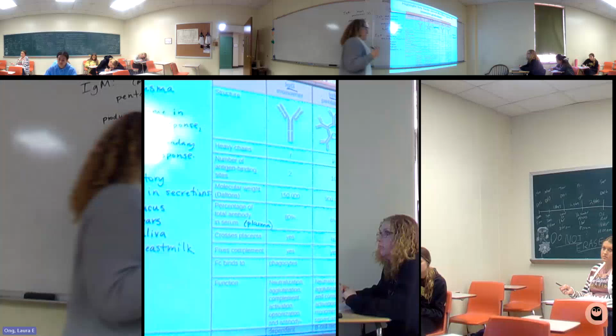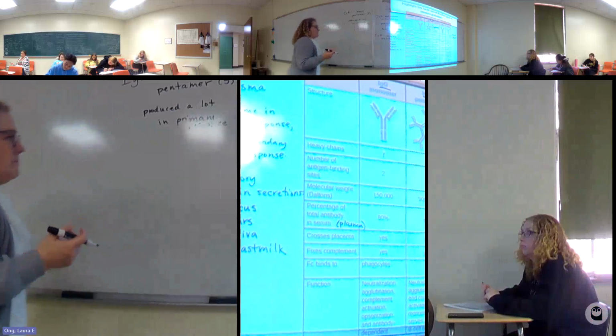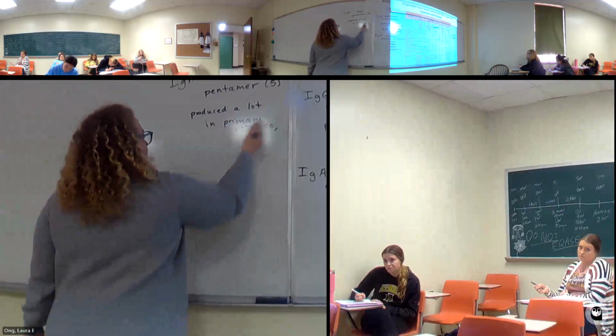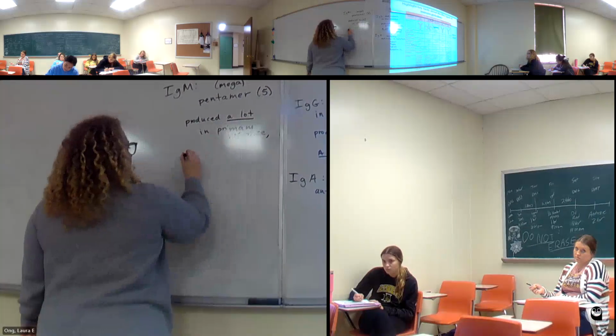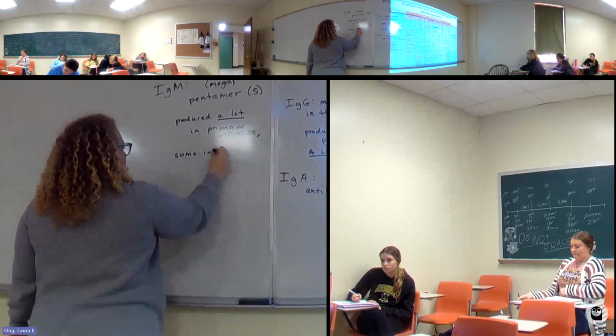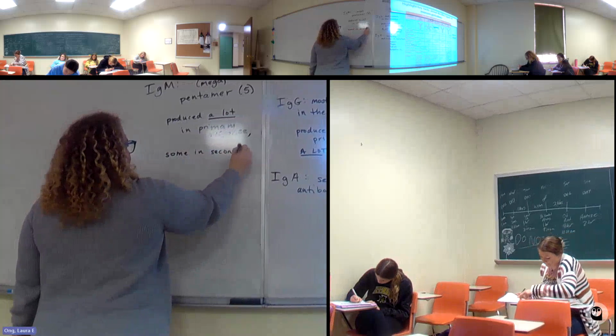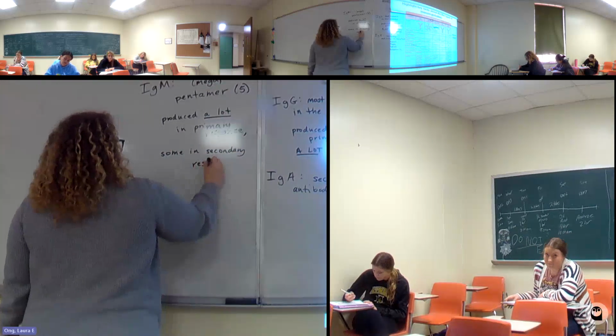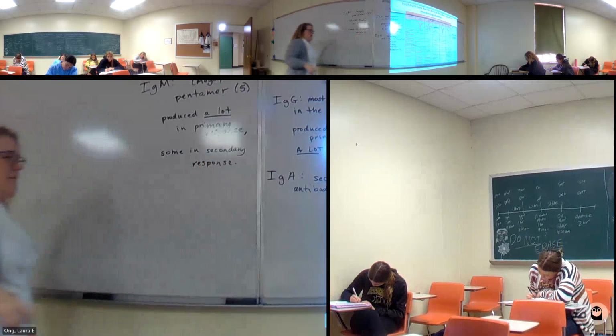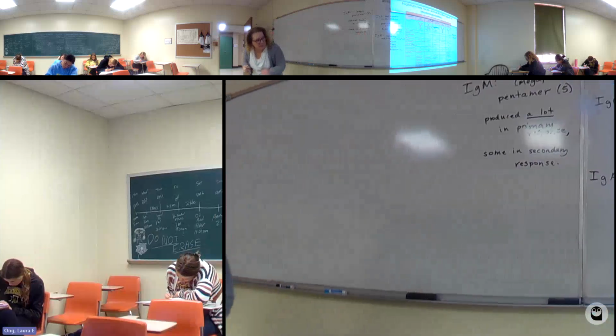So we make these a lot in the primary response. And we make some in the secondary response, and they do float around in the blood plasma, available to bind 10 of the same thing.